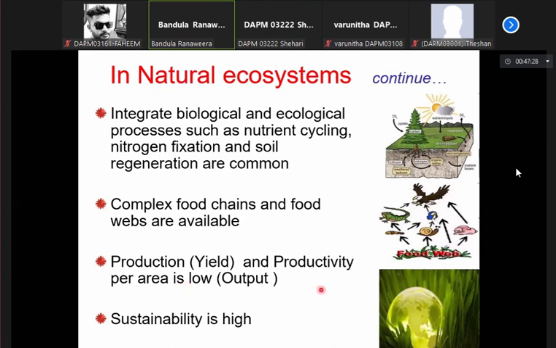And now we were talking about sustainability, the higher sustainability in natural ecosystems. Then you have mentioned that the productivity is low in natural ecosystems, and that it is higher in agroecosystems. Now, I have a doubt on that.